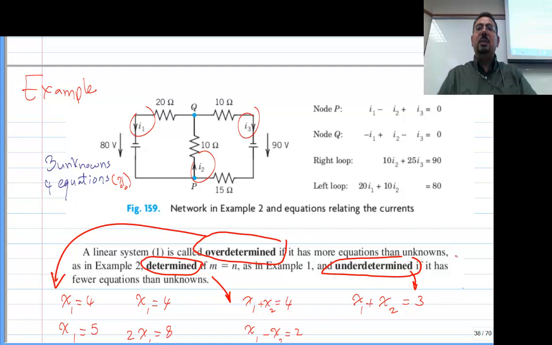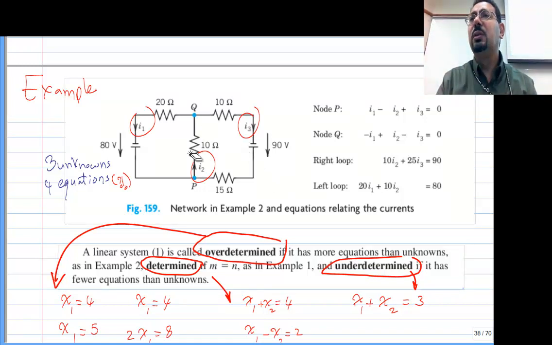So in that example, he basically said, here is an electric circuit, find the currents. The unknowns are I1, I2, and I3. If you remember the Kirchhoff laws, at every node the current needs to be equal to 0.